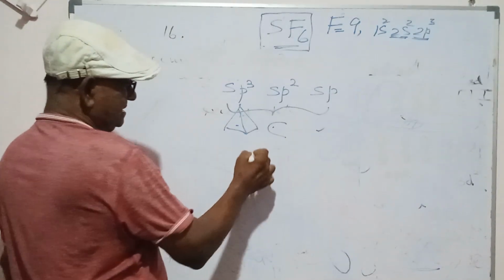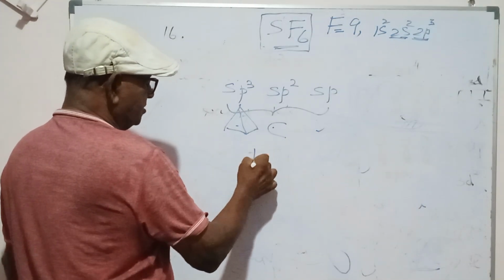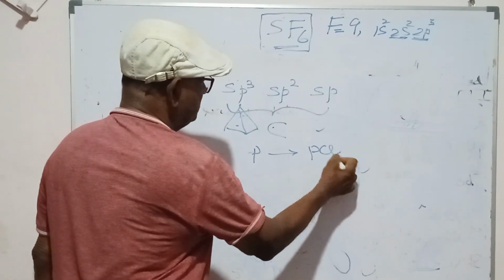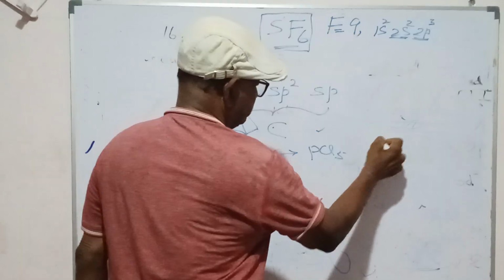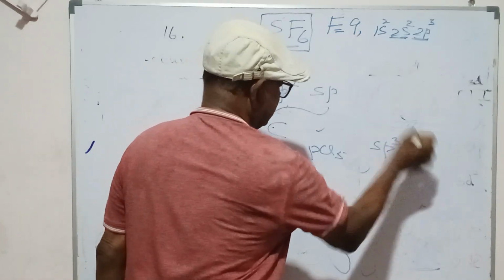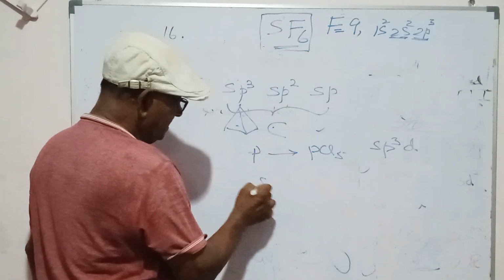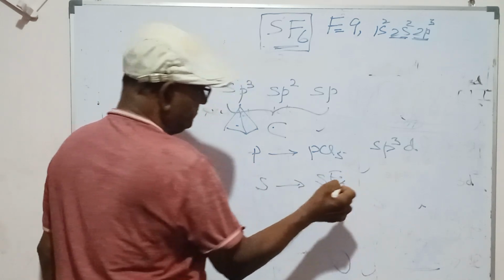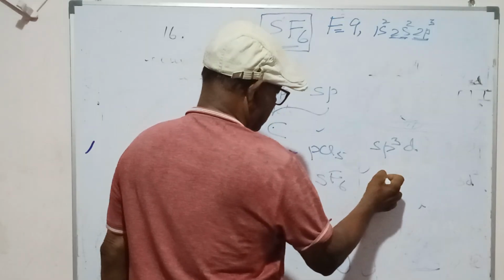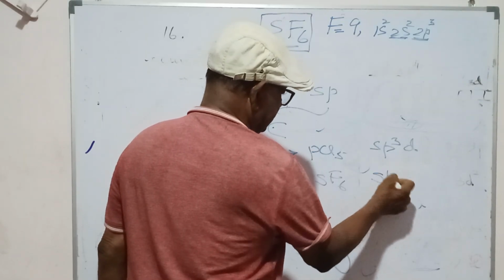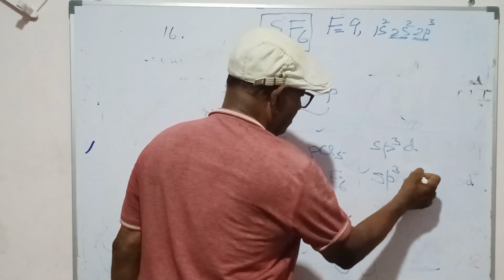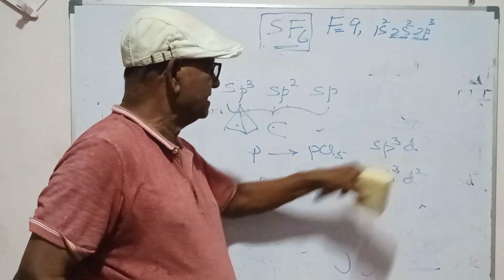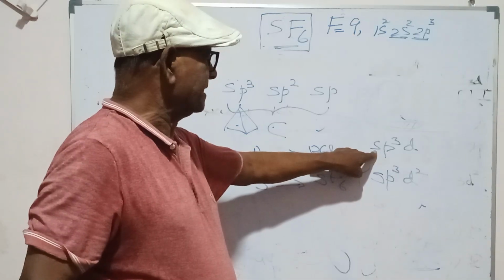After that, not in detail, phosphorus for the formation of PCl5, sp3d, sulfur for the formation of SF6, sp3d2. This one gives the trigonal bipyramidal shape.